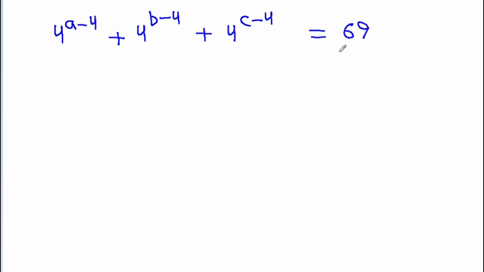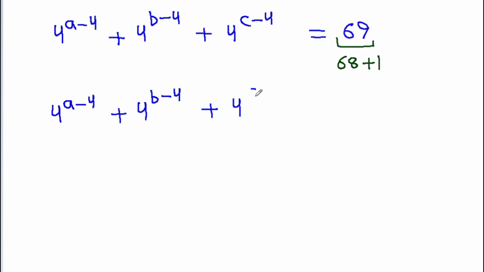And now 69 is 68 plus 1. 4^(a-4) + 4^(b-4) + 4^(c-4) is 68 plus 1. And again 68 is a multiple of 4 and 1 is 4^0.